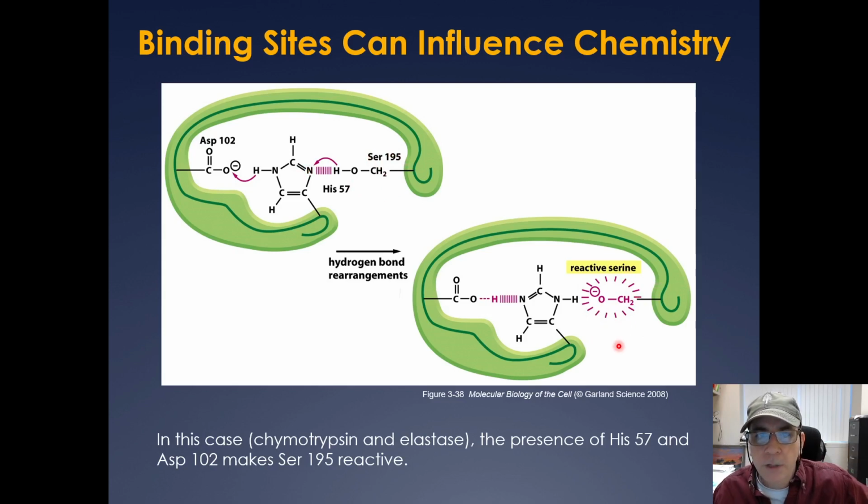Okay, so you can get these hydrogen bond rearrangements within a protein to make it catalytically active. So amino acids that are away from the active site can contribute to the enzymatic activity of the protein.